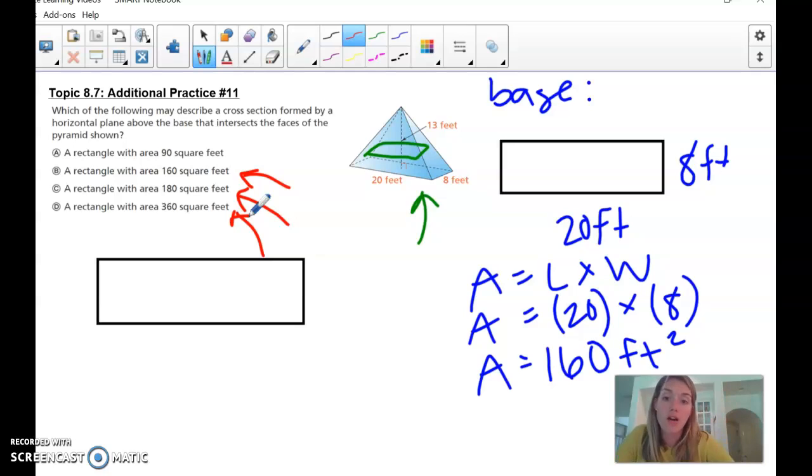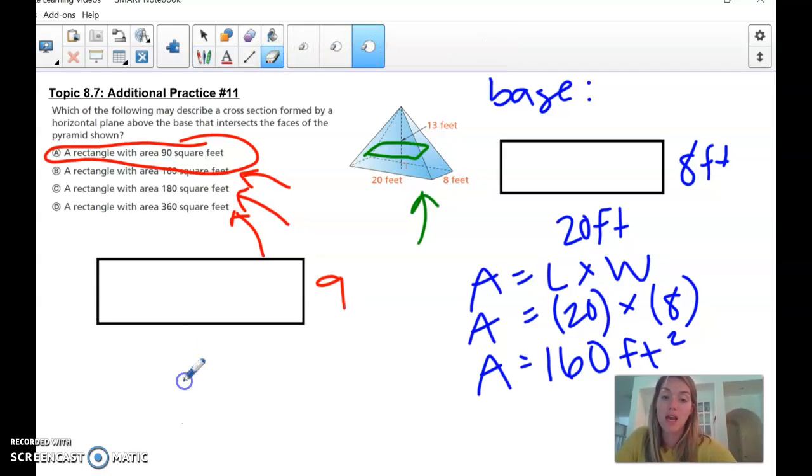So the only area that actually makes sense for this would be 90 square feet. For example, we could have a length that's 10 and a height that's 9, something like that, in order to make 90 square feet. But it's the only one that makes sense, and that's smaller than 160.